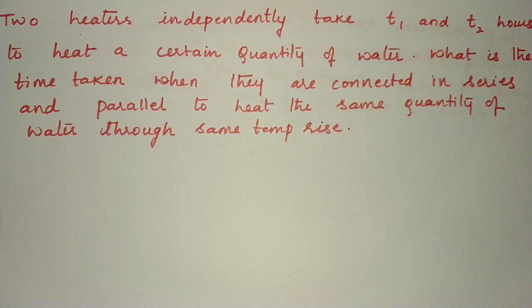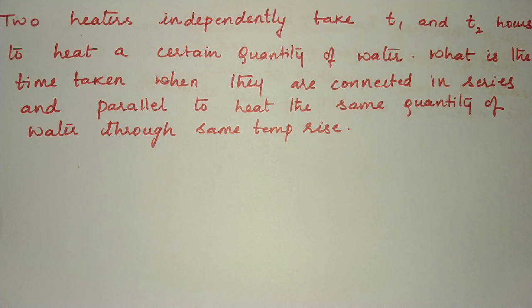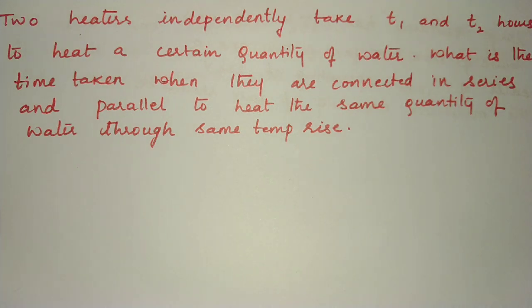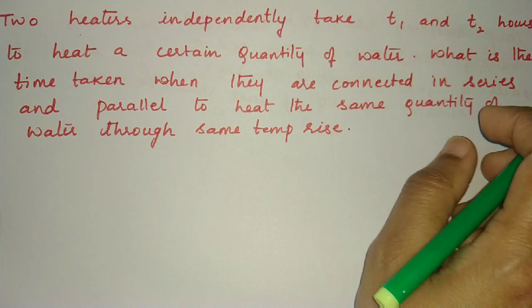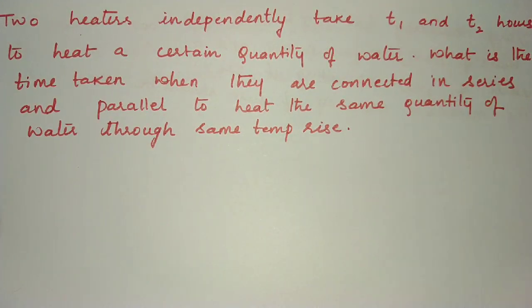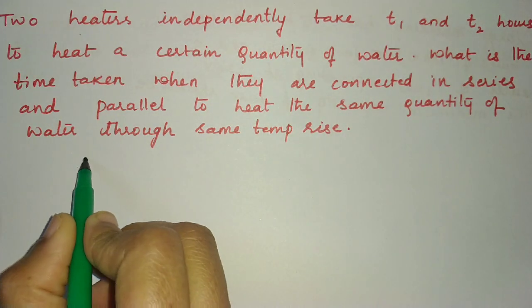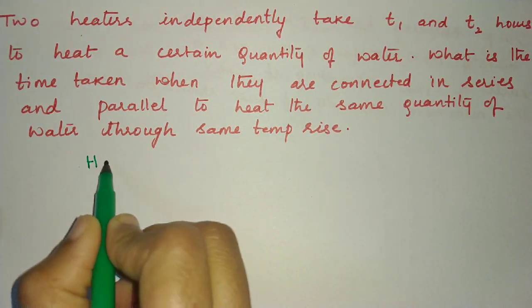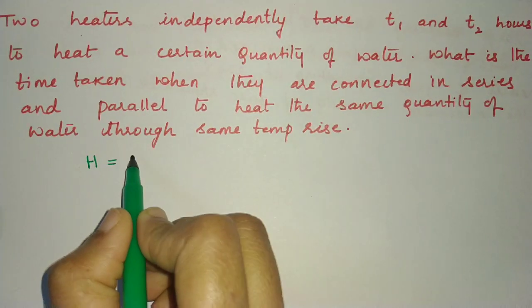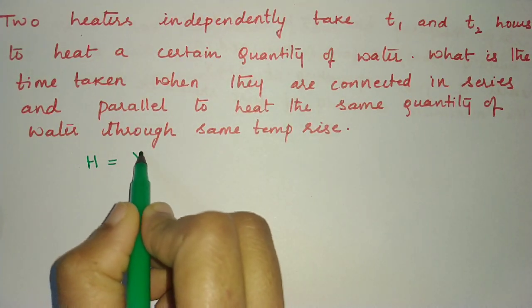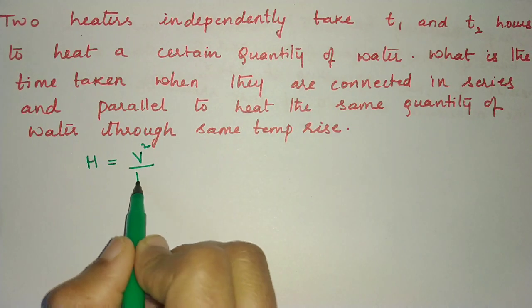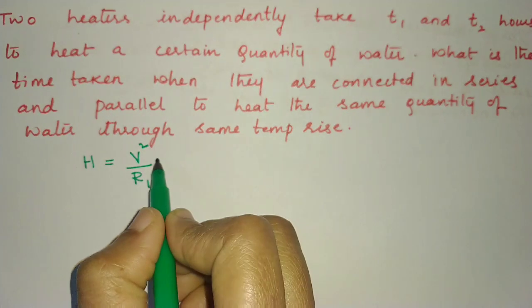Two heaters independently take T1 and T2 hours to heat a certain quantity of water. What is the time taken when they are connected in series and in parallel to heat the same quantity of water through the same rise of temperature? Here again we are converting electrical energy into heat energy. For the first heater, suppose the amount of heat produced, we write it as V square divided by its resistance R1 into T1, the time taken.